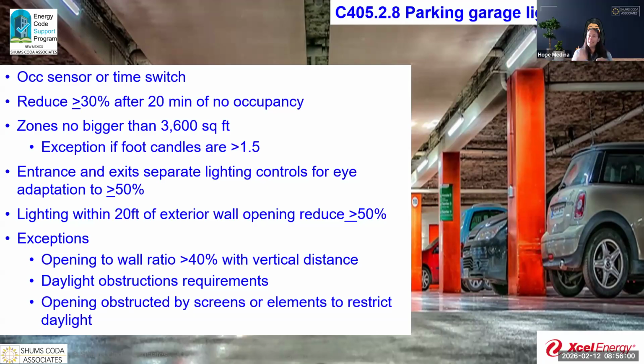There is an exception again, and it deals with the foot candles because of what is listed as criteria for the IBC. Now, this is the section that I was referring to earlier when we were talking about entrances and exits and allowing for that eye adaptation. So what it does is it says reduce it to that 50% so that you're gradually getting used to it.